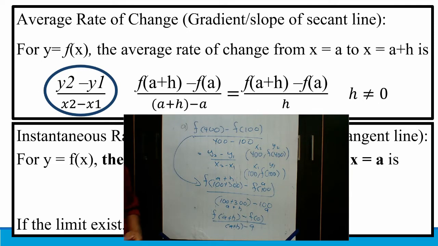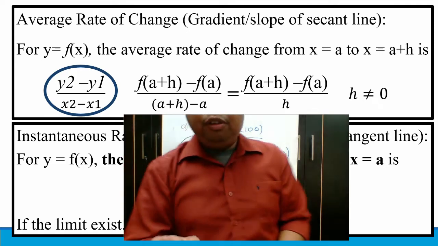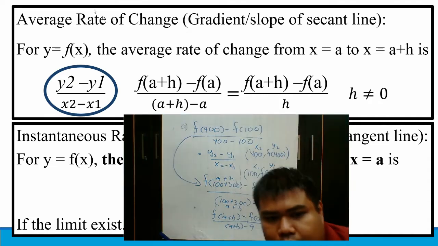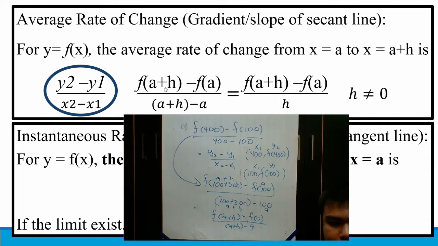That is how the formula means that they are increasing the change from a to a plus h. So if you want to find the average rate of change, which is the slope, you can find f(a plus h) minus f(a) divided by a plus h minus a.